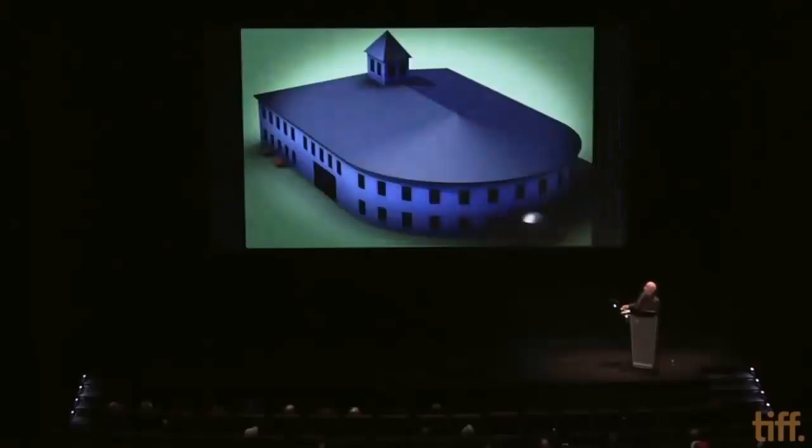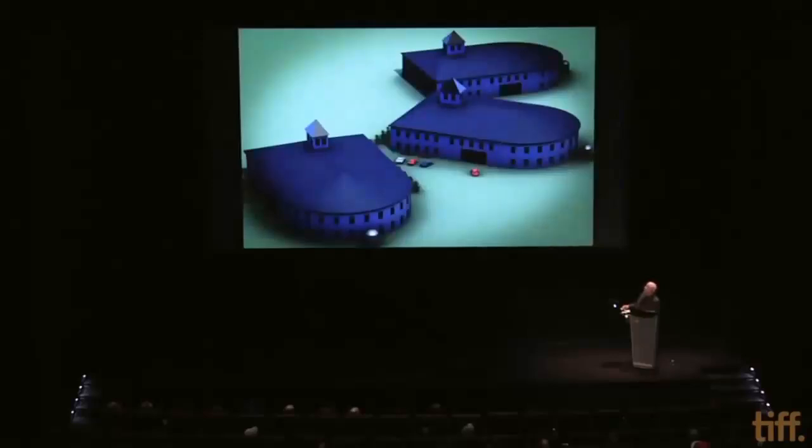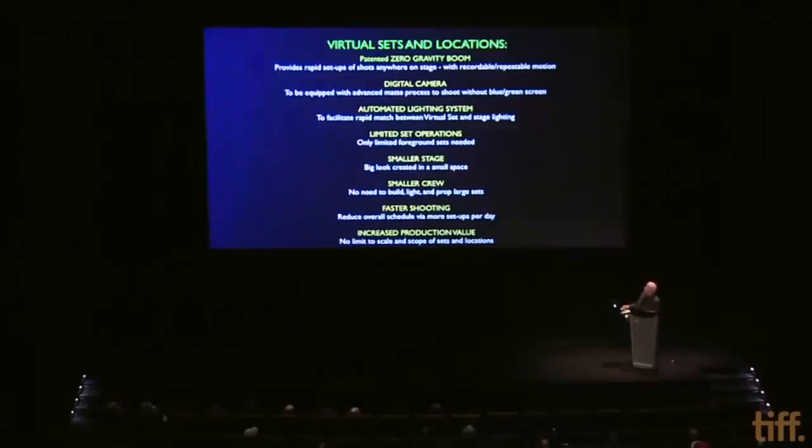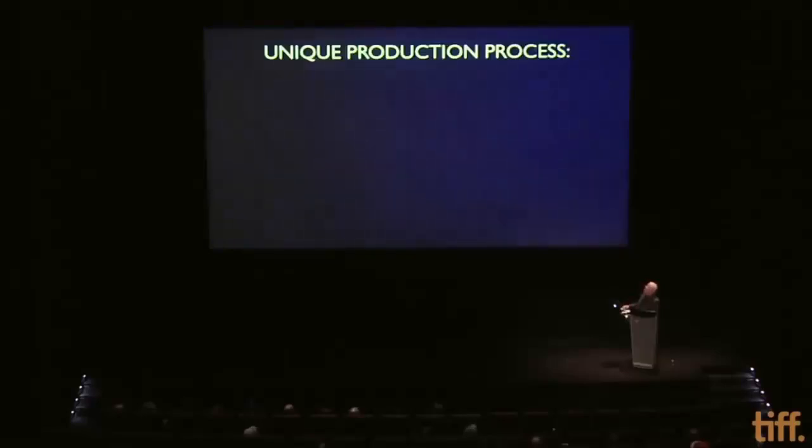I'm even hypothetically designing what a studio might look like if you did a whole bunch of these stages. There's a lot of advantages of the zero-gravity crane, digital cameras, automated lighting, very limited sets, a very smaller stage, a smaller crew, faster shooting, increased production value, and lower costs. So there's a lot of benefits to working this way.